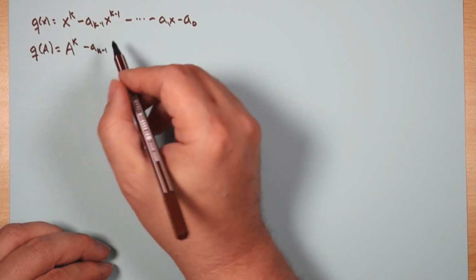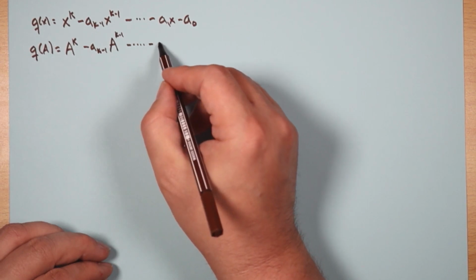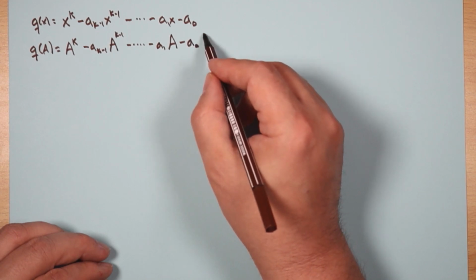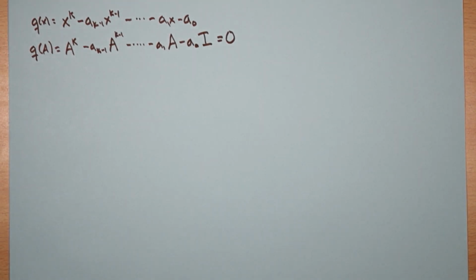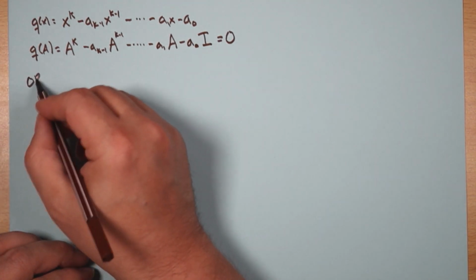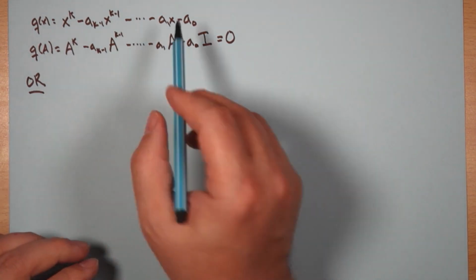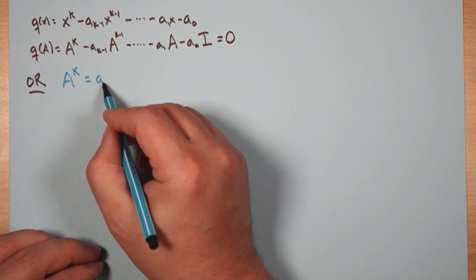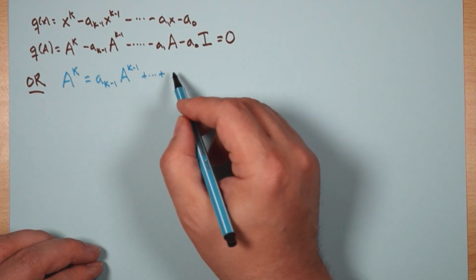A sub k minus 1, A to the k minus 1. So little a's are coefficients, and big A's are, of course, the matrix. And this a0 isn't a number, it's the identity, and we get the zero matrix. All right. Or, and this is the key for what we're going to do in just a second here, we rearrange it. And now we'll see the reason why we had all these minuses. It says that A to the k is really a linear combination of all the lower powers.